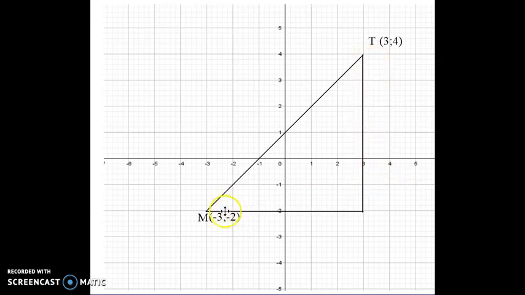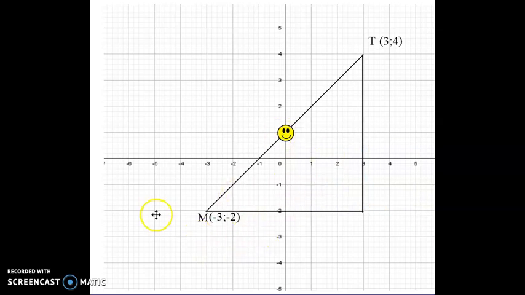So you would agree that finding the middle of this one and finding the middle of this one will take me to the midpoint of this line segment. So when I look at the information, that coordinate over there is the midpoint of line segment TM.